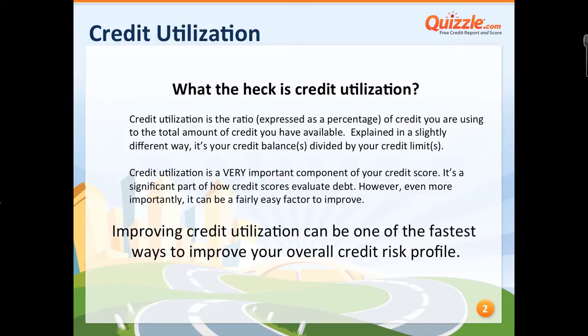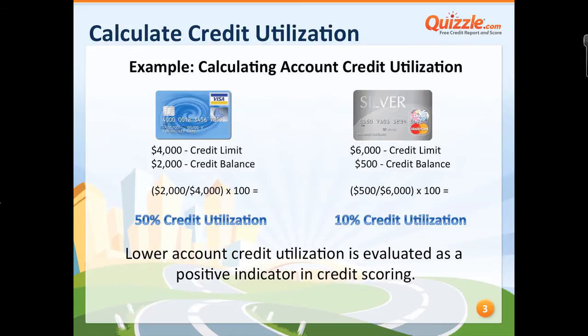And that could be as simple as just using your credit cards a little less each month, or perhaps actually putting together a plan to pay down some of that debt or balance that you're carrying from month to month on your credit cards. So certainly when you take a look at your credit report, evaluate very carefully your credit utilization, and there could be some big opportunities for significant improvement.